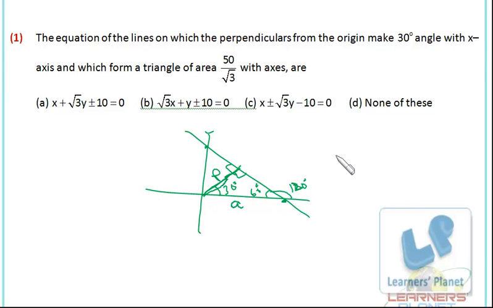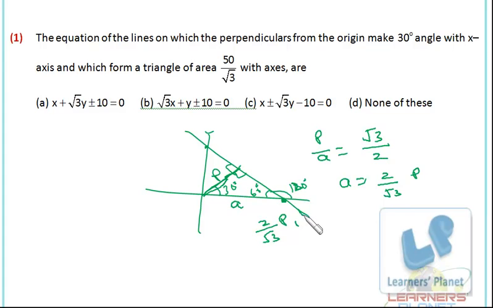So p by a is equal to sine 60 degrees, that is root 3 by 2. So a is equal to 2 upon root 3 p. That means this length is 2 upon root 3 p, and the x coordinate will obviously be 2 by root 3 p and the y coordinate will be 0.